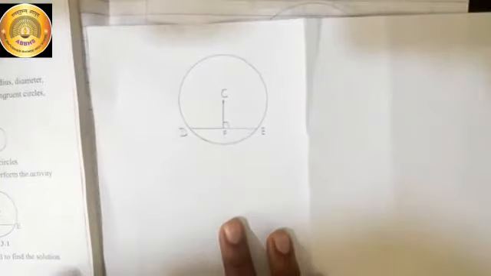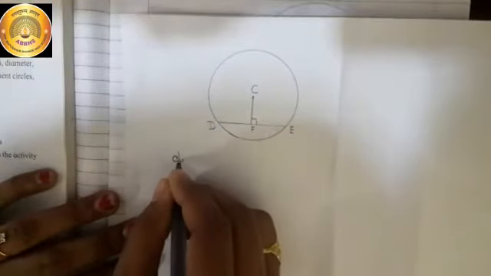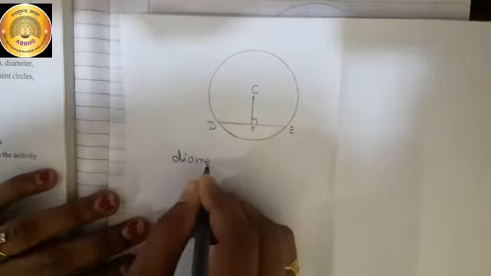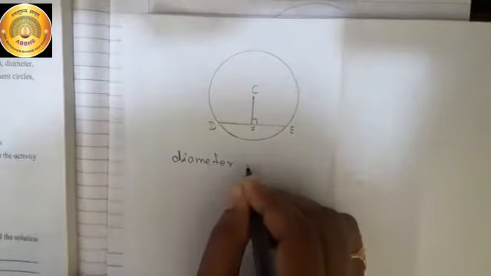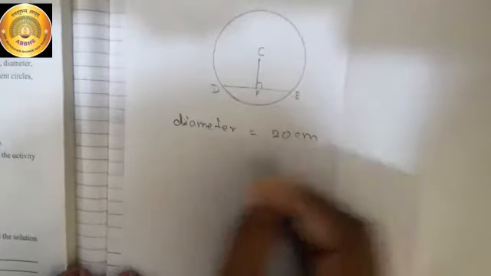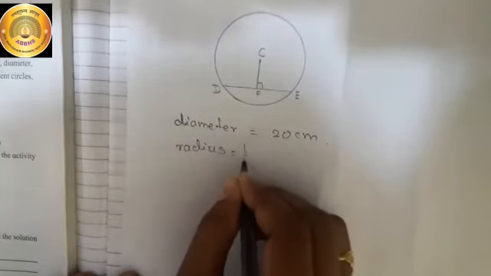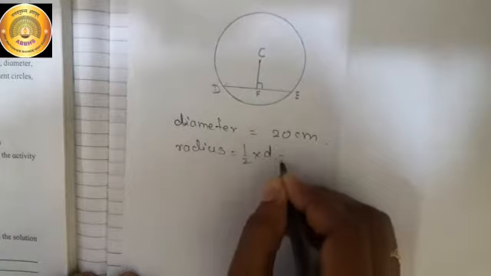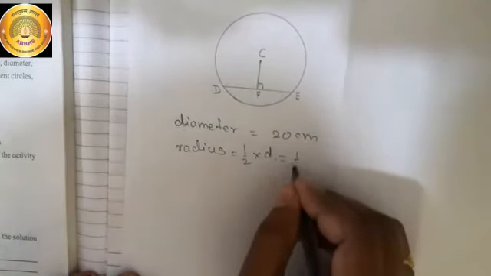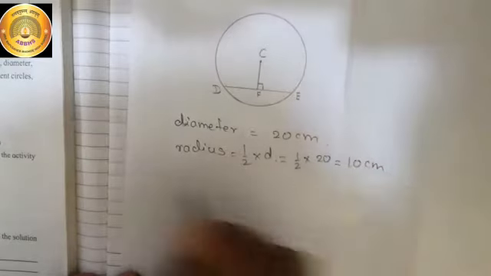C is the center, and the diameter of the circle is given as 20 centimeter. The radius is half of the diameter, so half into 20 is 10 centimeter.